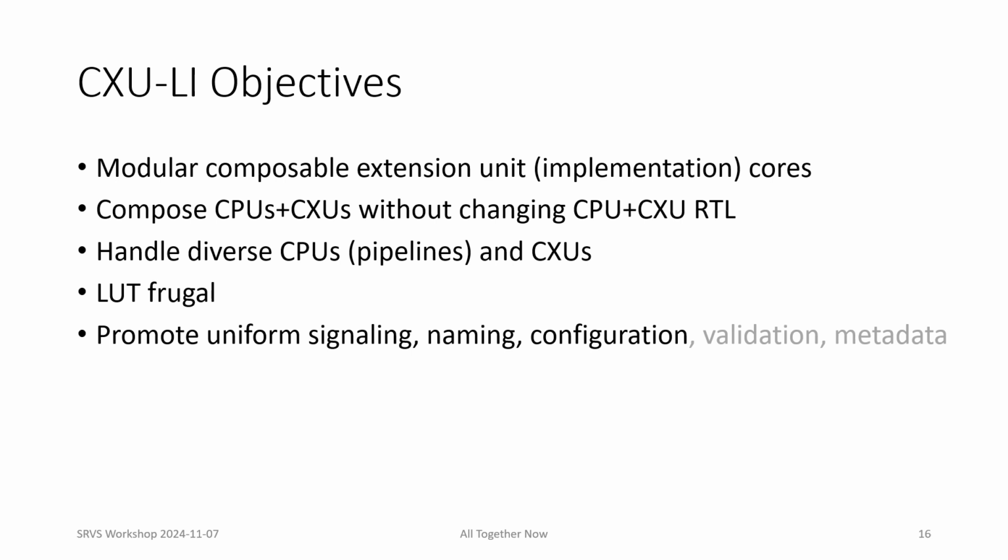The interface logic and signaling must be gate and LUT frugal, so it's affordable in tiny systems and affordable in many core systems. And the logic interface must promote uniformity: uniform port signals, naming, and parameters, and someday, but not a task group deliverable, common interface validation tests and metadata.